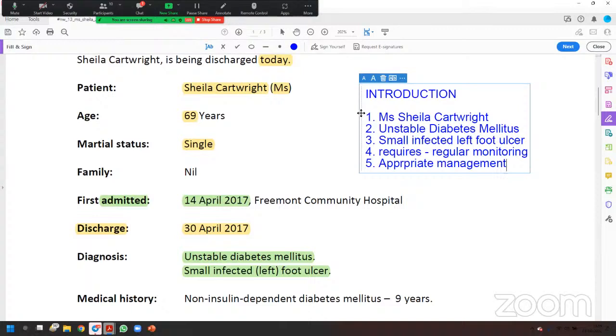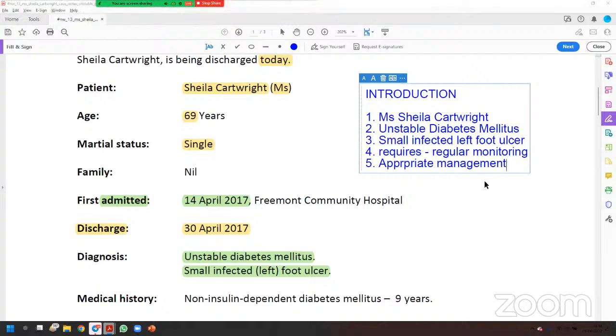Come on, write down your introduction. I have given you the clues, the points. You can write the introduction using these things.